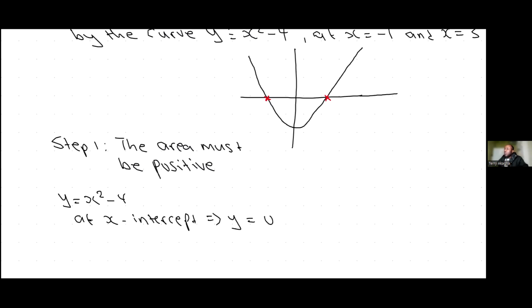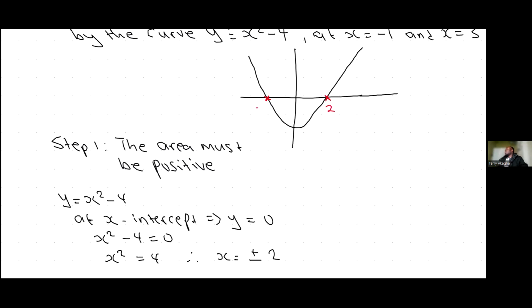So that means we're going to have x squared minus 4 is equal to 0. So x squared will be equal to 4. So therefore, x is going to be equal to plus or minus 2. So that means here is going to be 2, while this place is going to be minus what?